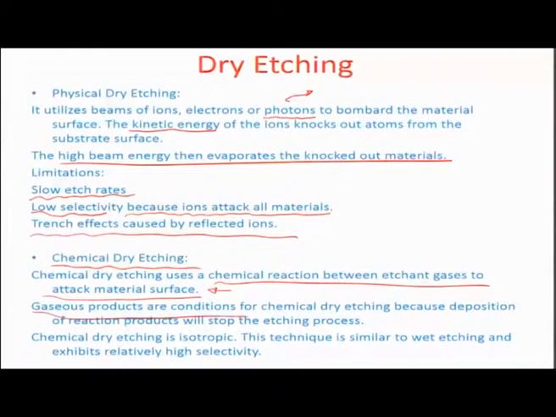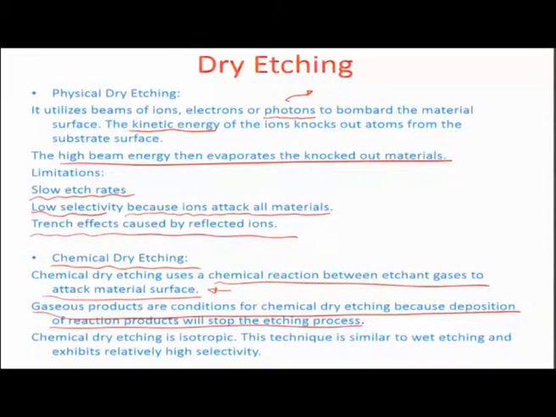For example, silicon facing chlorine or fluorine gas would typically convert into SiF4 or SiCl4, and because both are gaseous, the silicon can go off the atoms of the solid surface. So, gaseous products are a condition for chemical dry etching, because deposition of reaction products will stop the etching process.